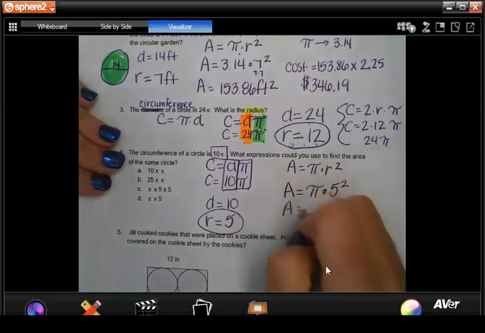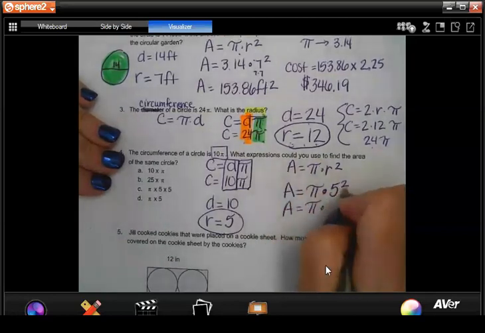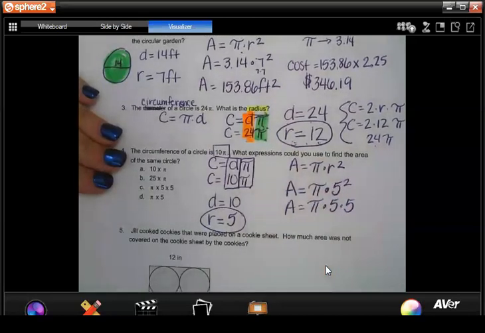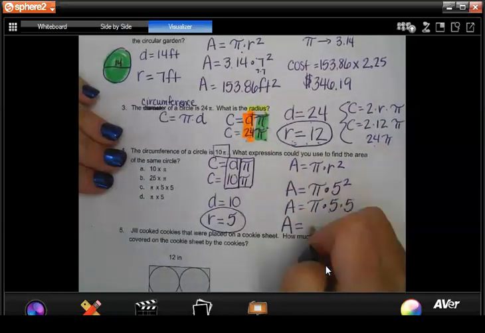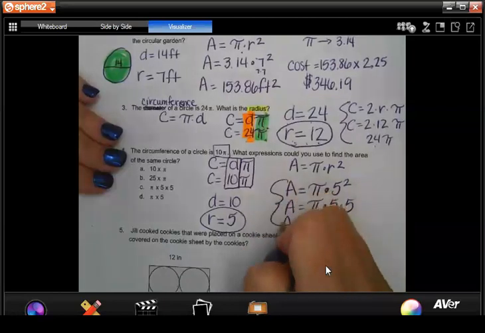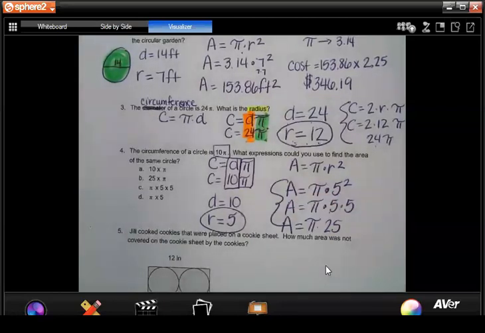Area is pi times 5 squared, which is 5 times 5. Well, we could simplify this. 5 times 5 is 25. So these are 3 different ways of writing the area formula.